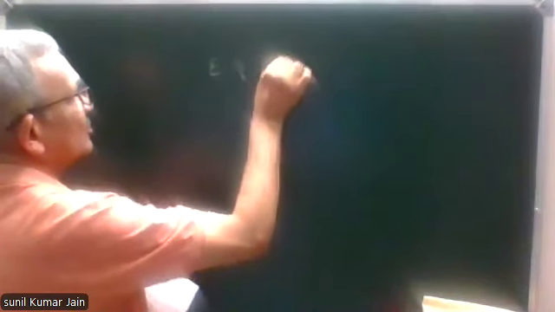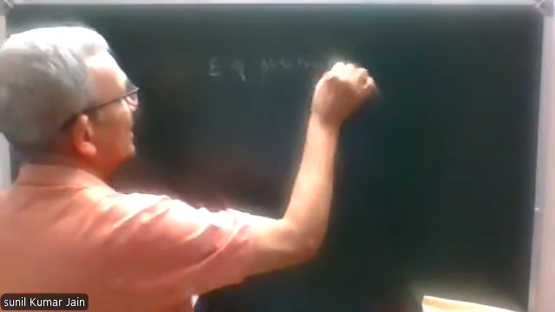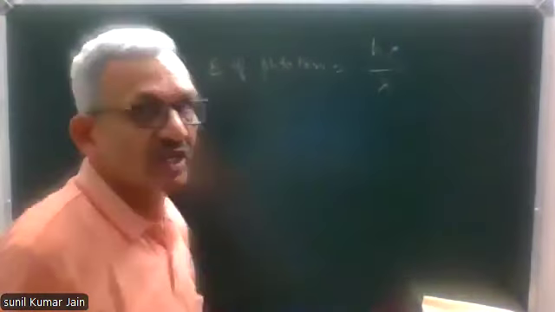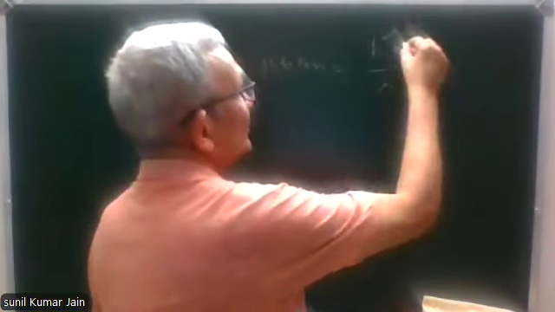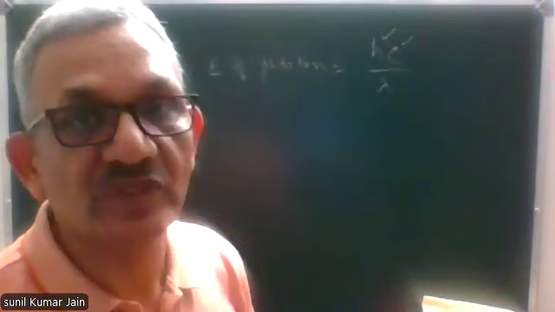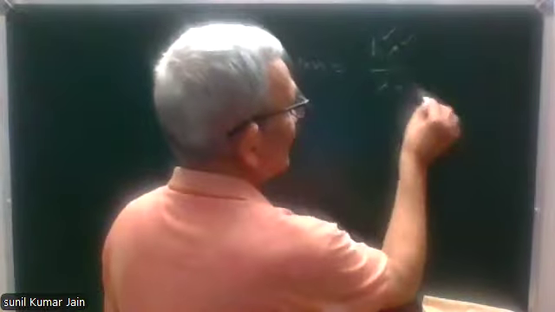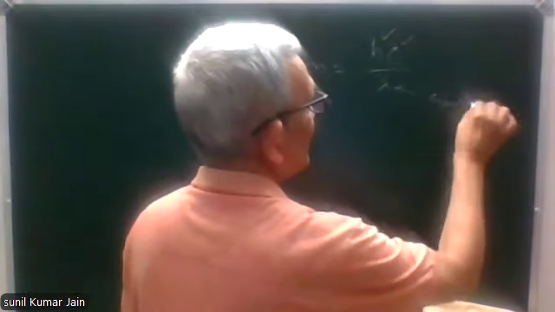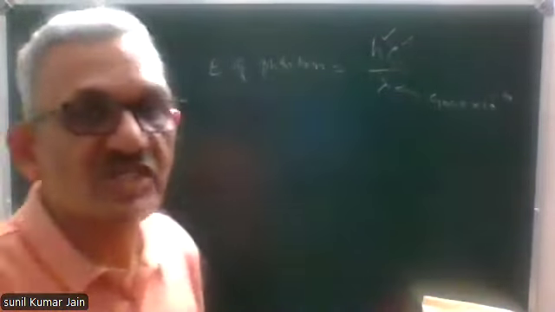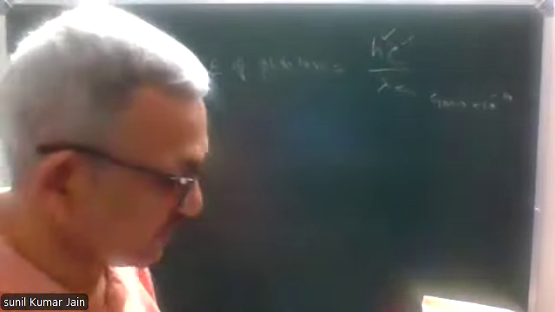Now, energy of one photon will be hc by lambda. We know the value of h, we know the value of c, both are constants, and the wavelength is given, 4000 angstrom. This is 4000 into 10 to the power minus 10 meter. Substitute all the three values and calculate.